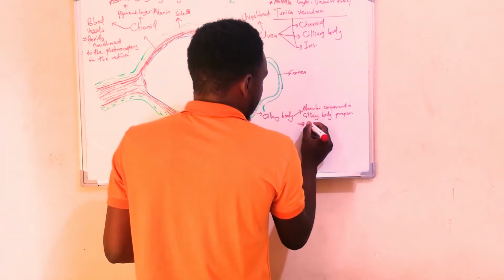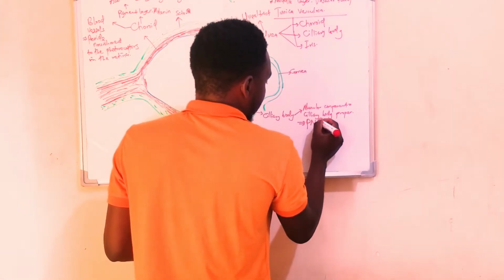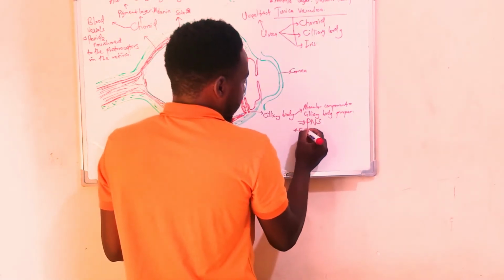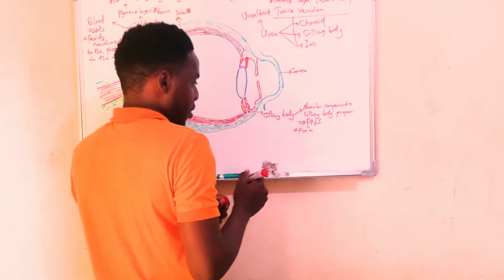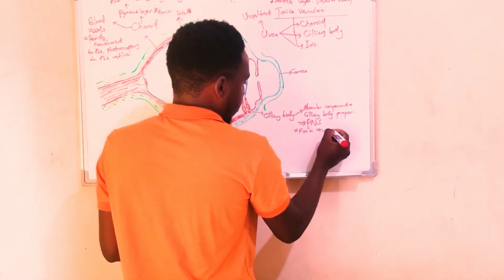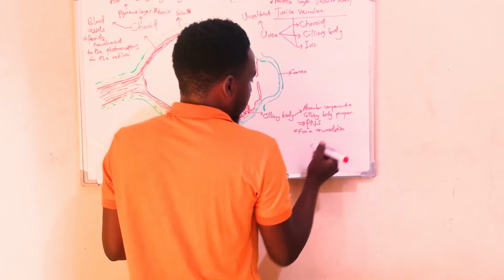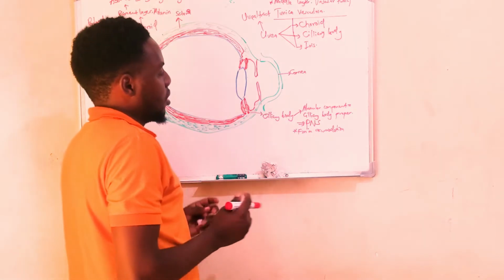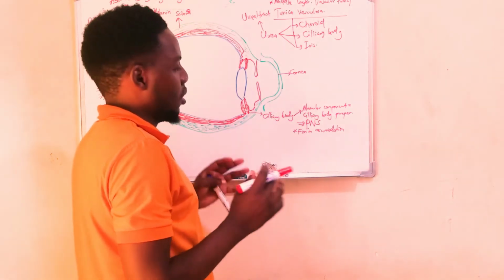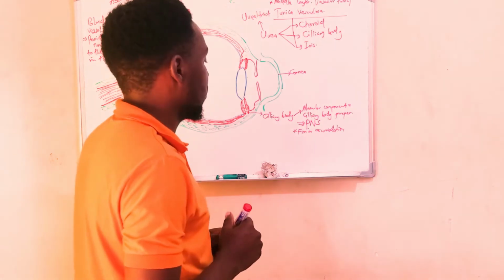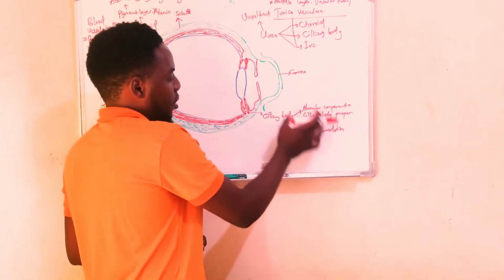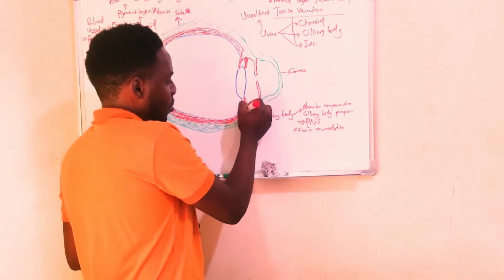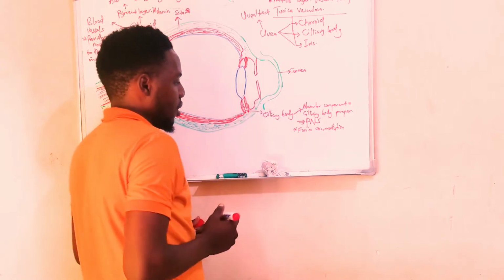These muscles in here are innervated by the parasympathetic nervous system. They function in accommodation during far-sighted vision and near-sighted vision. The lens has to keep changing in order to focus light rays on the retina. So the ciliary body are the ones that are going to help in that process, together with these ligaments that we're going to talk about here.